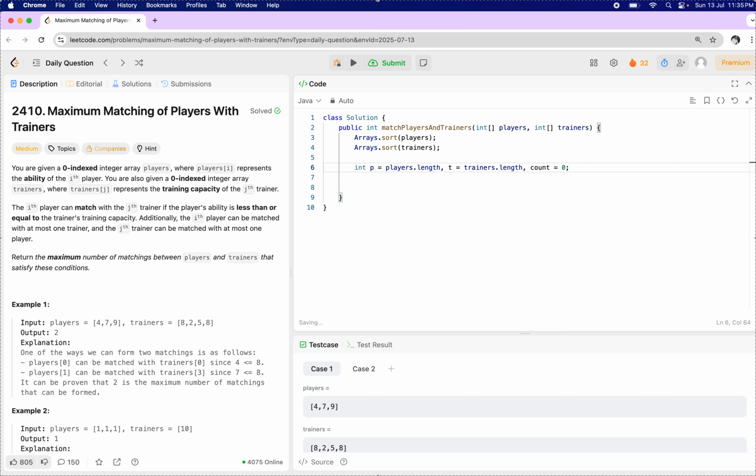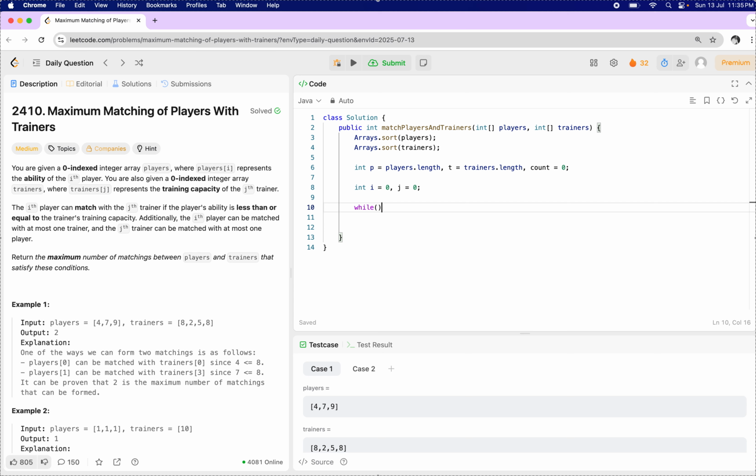Then let's initialize two counter indexes, int i equal to 0, and j also equal to 0. Since there are two arrays, we'll be traversing them with these two counter indexes.